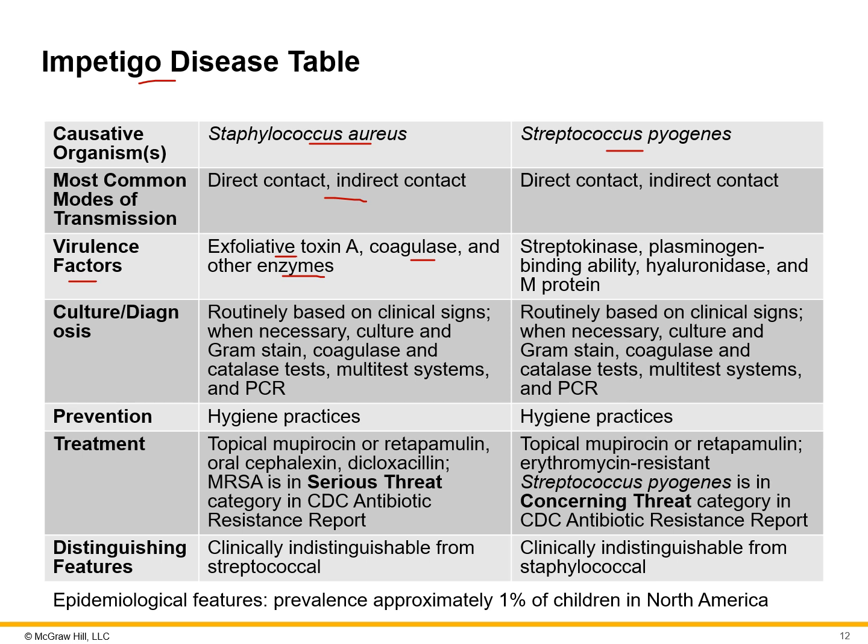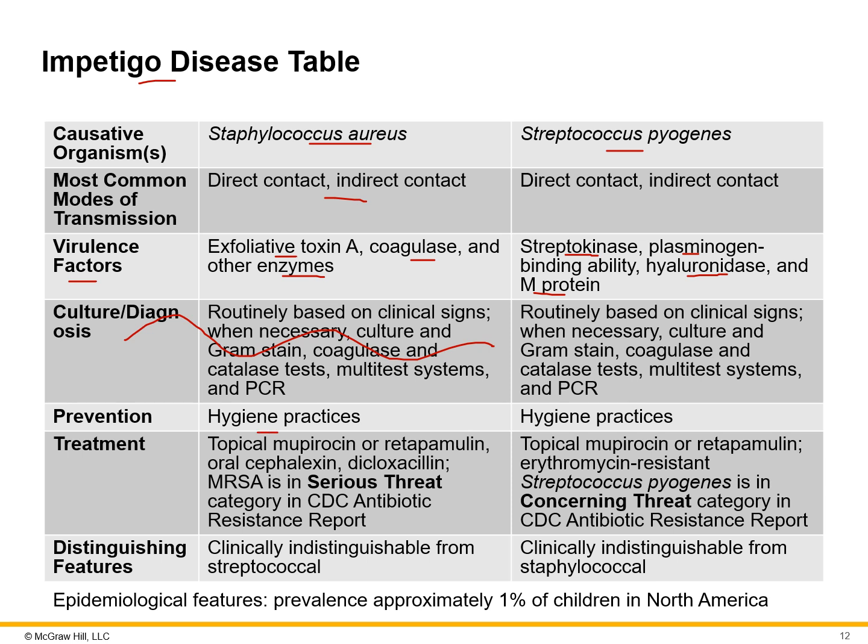Now, Strep pyogenes produces streptokinase, plasminogen binding ability, just meaning it can bind to that. The hyaluronidase, and the M protein is what it uses to coat itself to look like a normal self cell instead of a foreign pathogen. Again, not worried so much about the culturing and diagnosis.